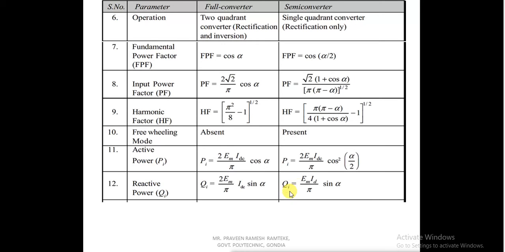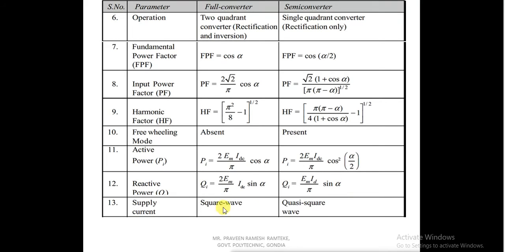Harmonics present in supply current: in the full converters only odd harmonics are present, as well as in semi converters odd harmonics are present. And the last point is power flow. The power flow in full converters is bidirectional in nature, whereas in semi converters it is unidirectional in nature.